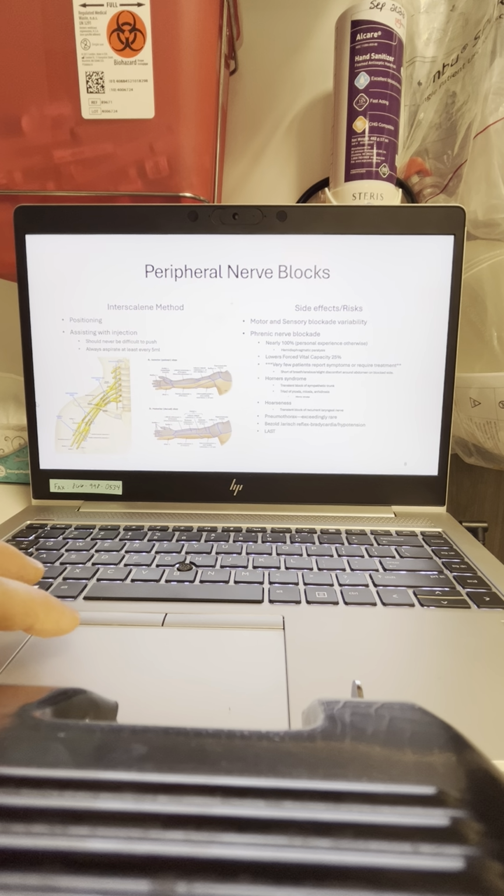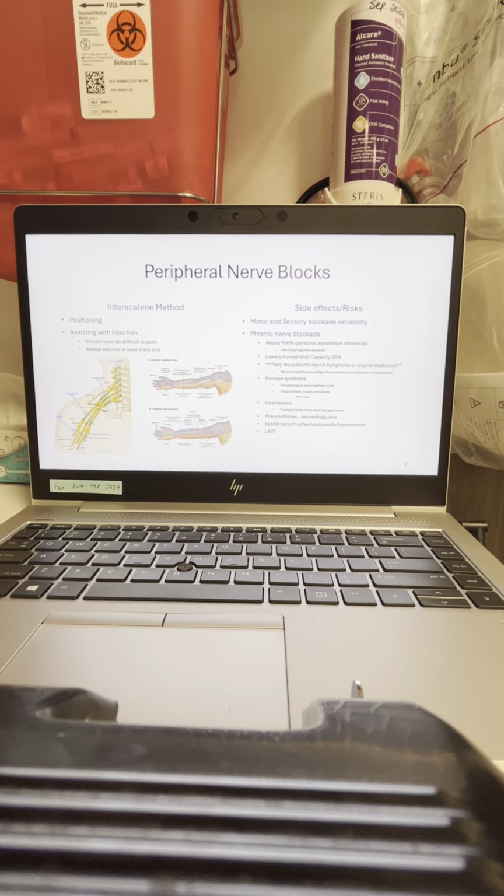So we'll talk specifically about the interscalene block. Same thing as we just did for the spinal, in case you're lucky enough to help us do one of those. So positioning wise, we are in a bed, we usually sit them up about 30 degrees and turn their head the opposite direction.